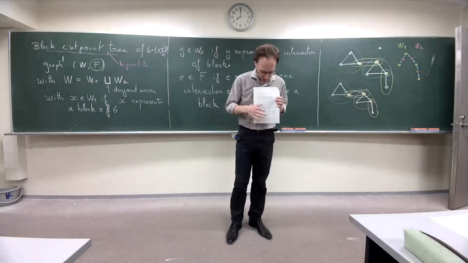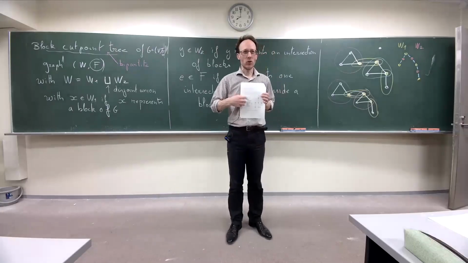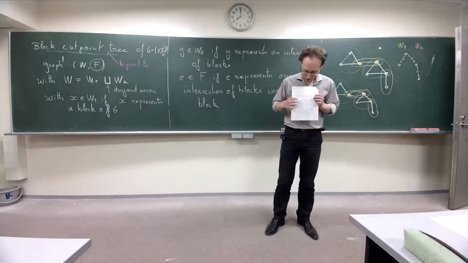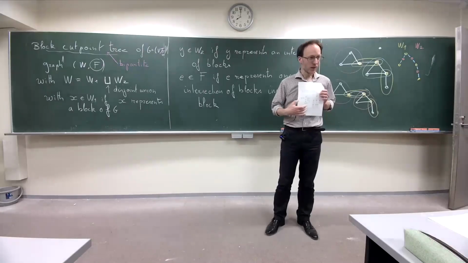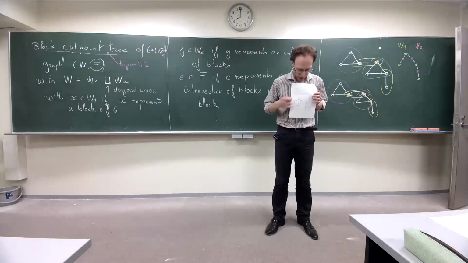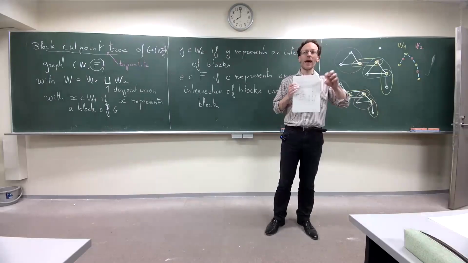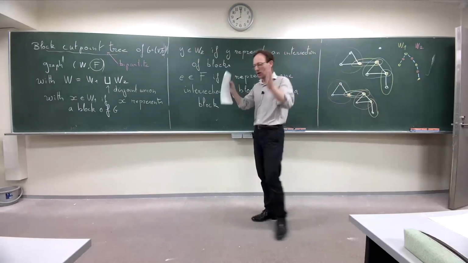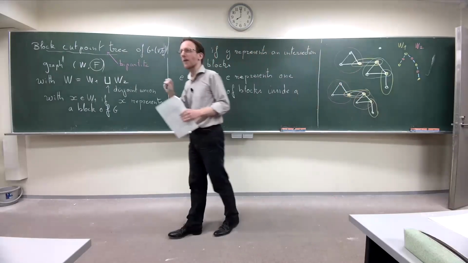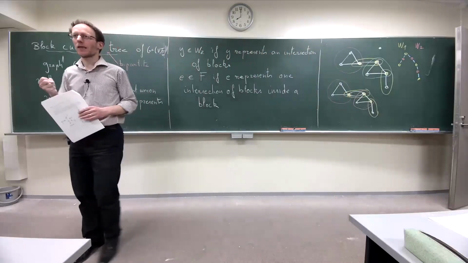And it's interesting to see that the main structure of this graph, which is rather complicated, it has double edges or multiple edges, you can encode it in a single bipartite tree. So it's always the same thing. You have something complicated. You want to extract the information. How you do it systematically.